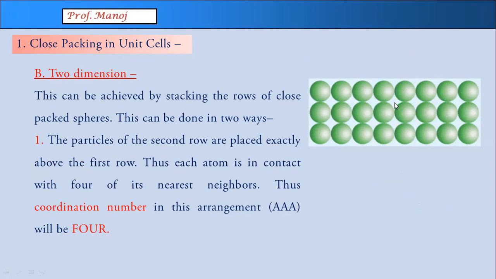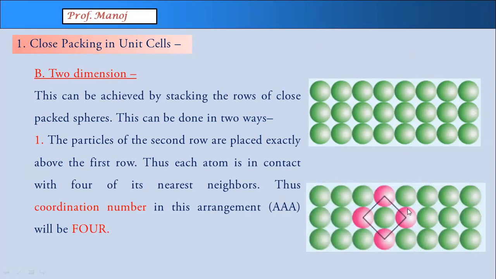Can you see here, if I pick up an atom, it is in contact with four neighbors. This central atom is in contact with four atoms. The coordination number is 4, and this arrangement is called AAA arrangement.